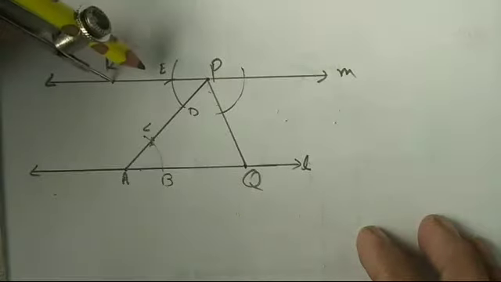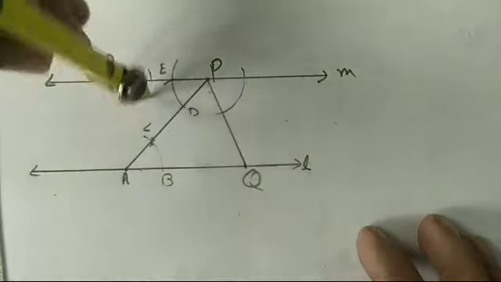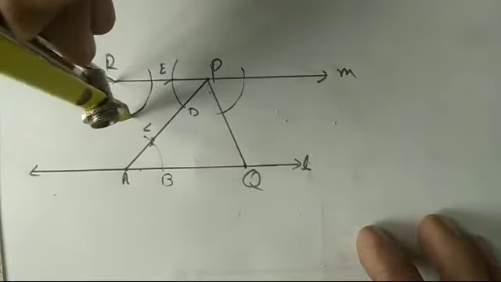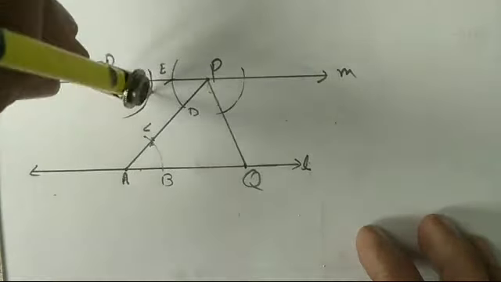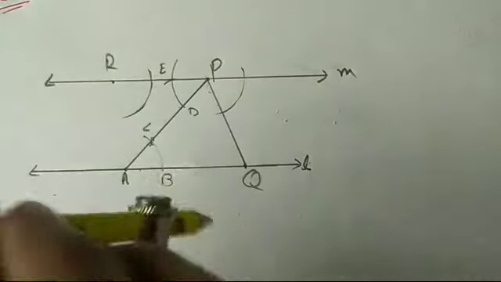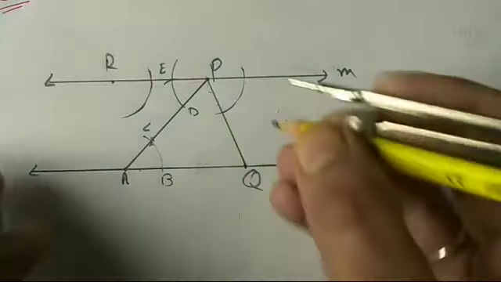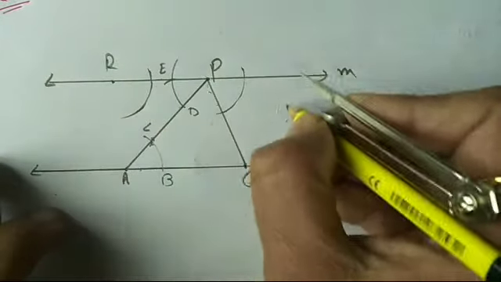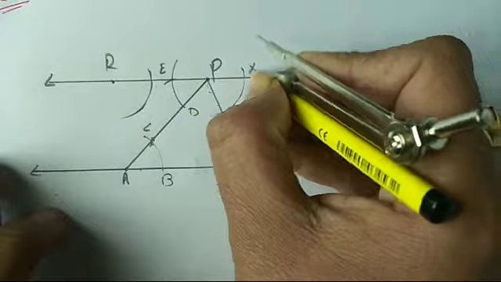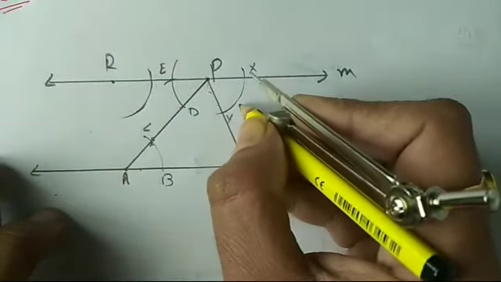Then taking R as a center, cutting an arc of the same radius. Now if you mark the points, suppose this is point X and this is Y, then we have to take the length equal to XY.